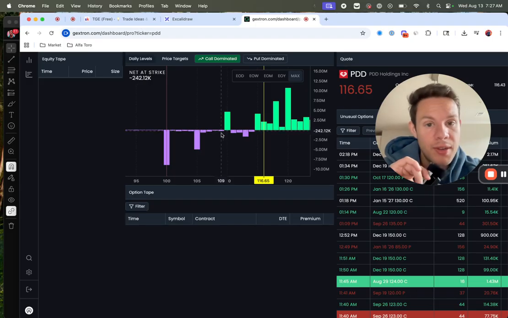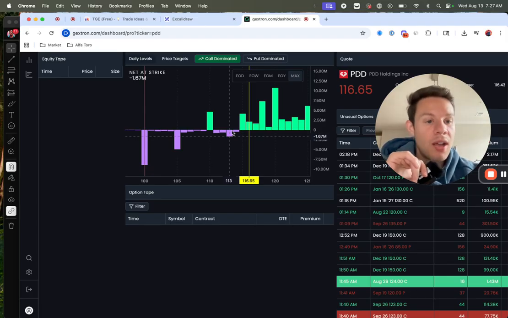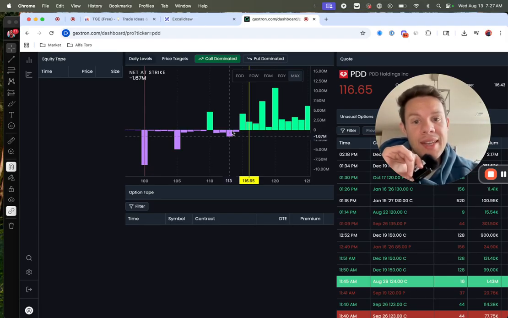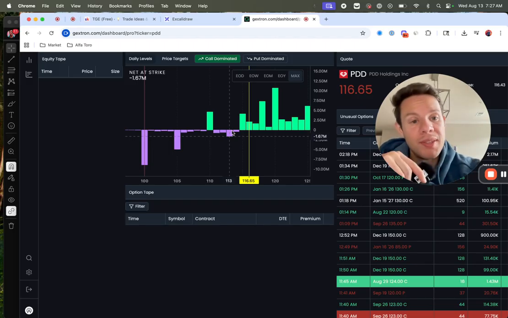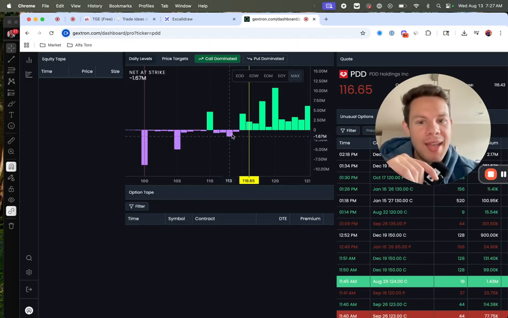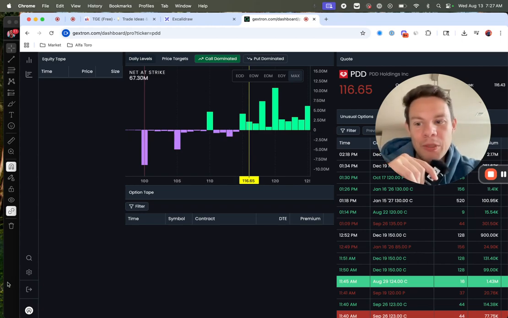That's really important to note, because Gextron is constantly getting the data from the option market, and it's constantly computing and updating these P trans and N trans levels for you, so you know whether we are on a bullish sentiment, call dominated or put dominated. You want to figure that out as the market goes throughout the day, because you don't want to be caught by surprise that the level you marked before doesn't work anymore.